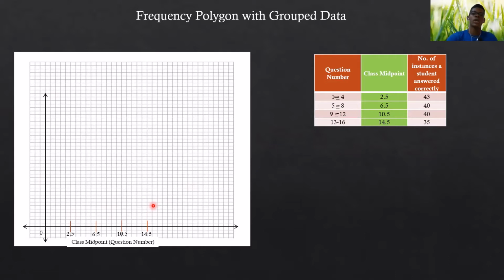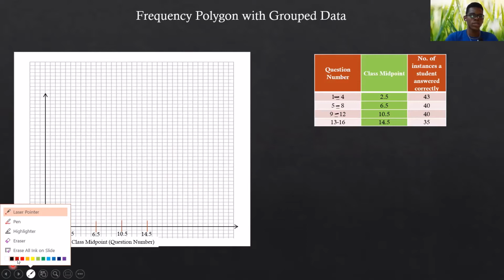Now, one thing we picked up on when we were looking at class intervals was that your class size is always the same, never more or less. It remains the same throughout each class interval.